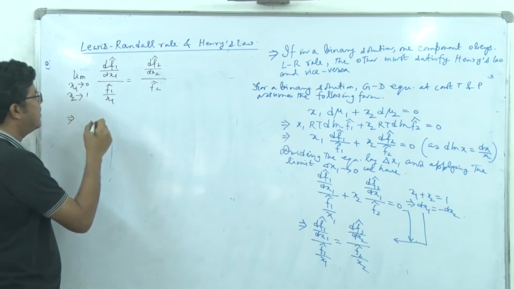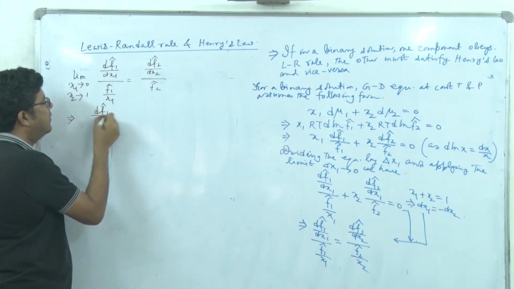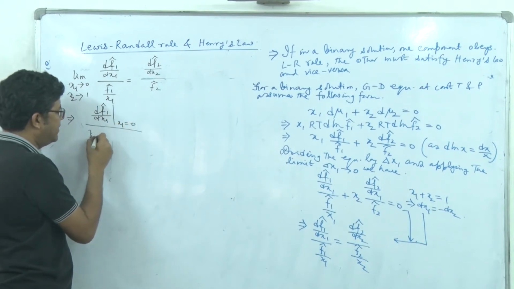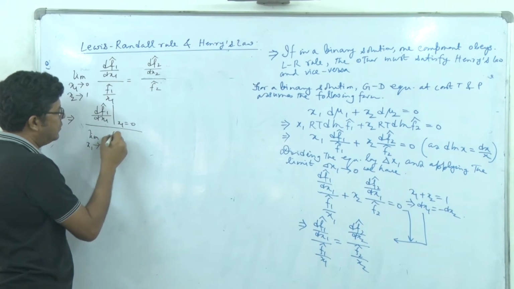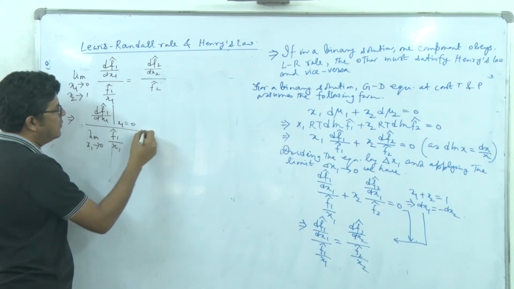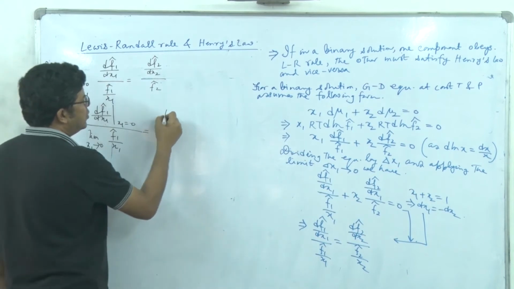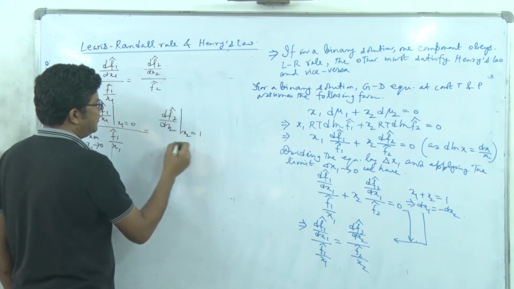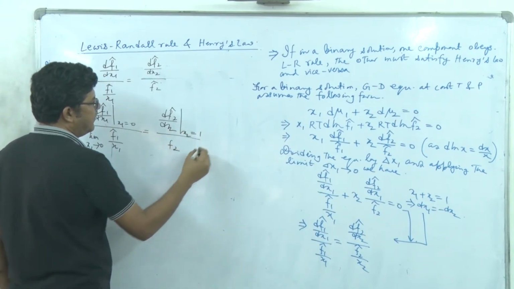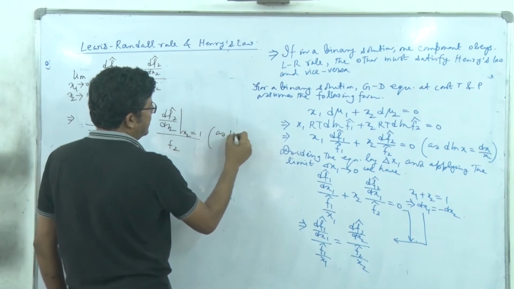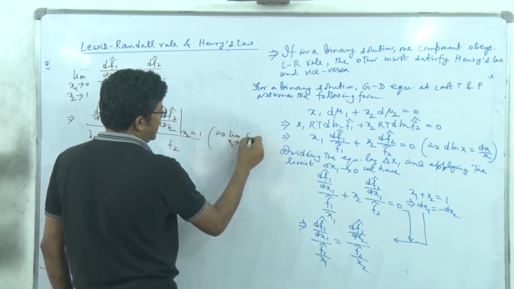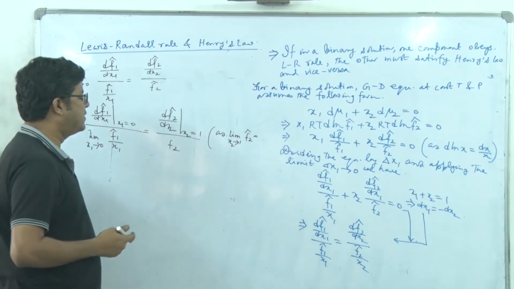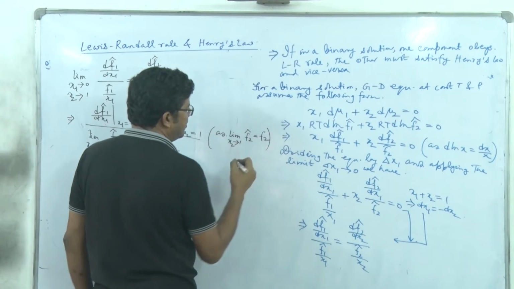So this is further simplified as df1 cap dx1 at x1 equal to 0 divided by limit x1 tending to 0 f1 cap by x1 is equal to df2 cap dx2 at x2 equal to 1 by f2 itself, as limit x2 tending to 1 f2 cap, the component species fugacity with near purity state, is equal to the pure species fugacity.